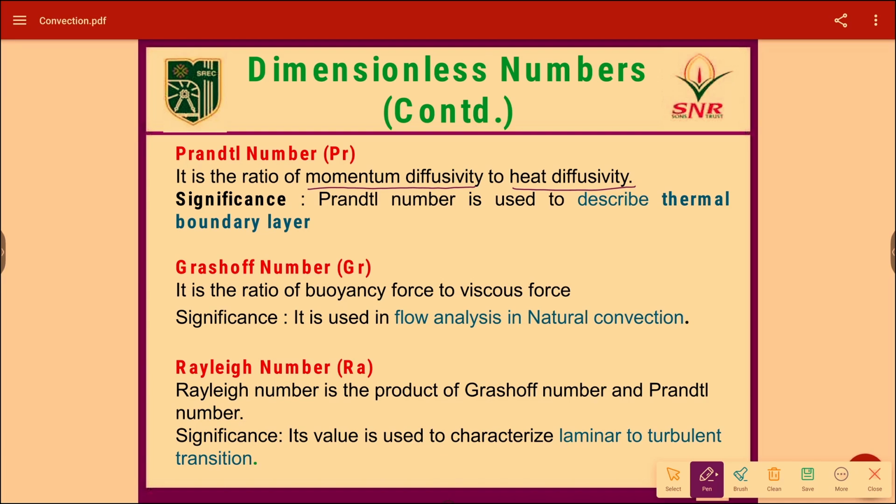One is the velocity boundary layer, which happens due to the difference in velocity. We can call this velocity boundary layer also a hydrodynamic boundary layer. The next boundary layer is the thermal boundary layer.